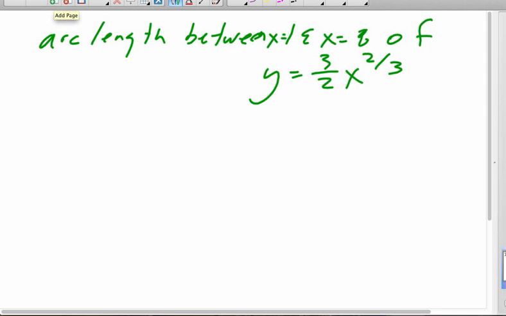Okay, now this is one where we're going to have to use calculus, because this is kind of a strange puppy. It's not a straight line at all.